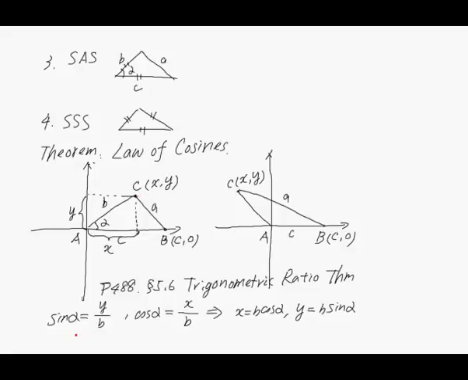So the length a, which is equal to the length between the point B and C. So by the distance formula, this is equal to the square root of the x minus c squared, plus the square of the y minus 0.